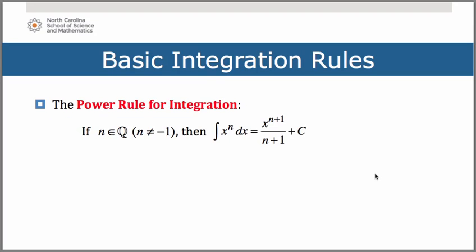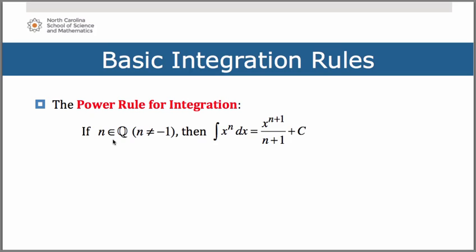The power rule for integration, therefore, states that if n is an element of the rational numbers, remember Q is the mathematical symbol for the rational numbers, because Q is for quotient, and a rational number is a number that can be expressed as a fraction, as a quotient.